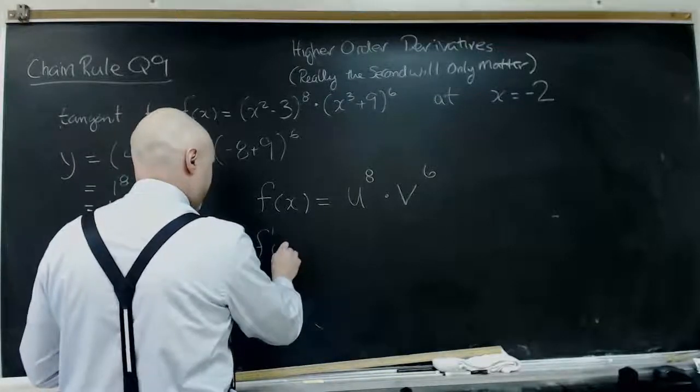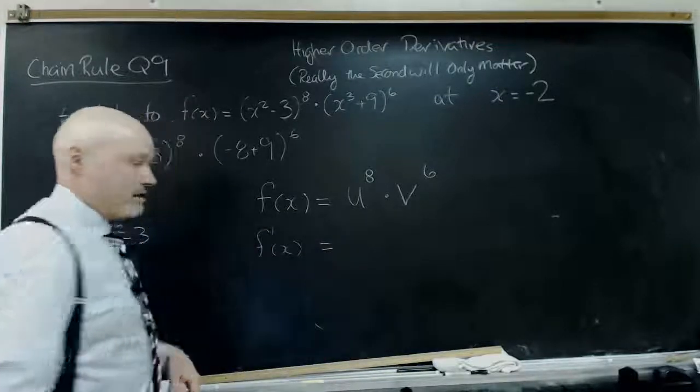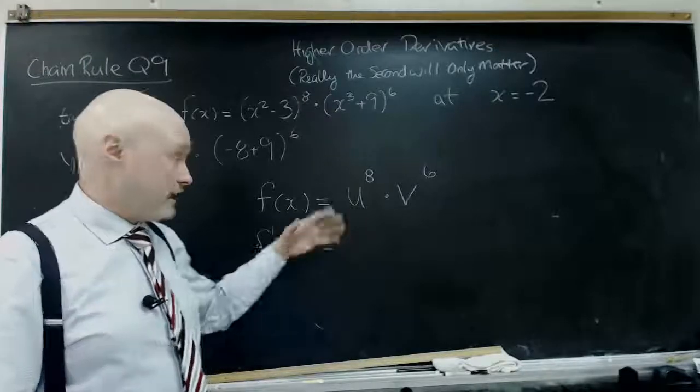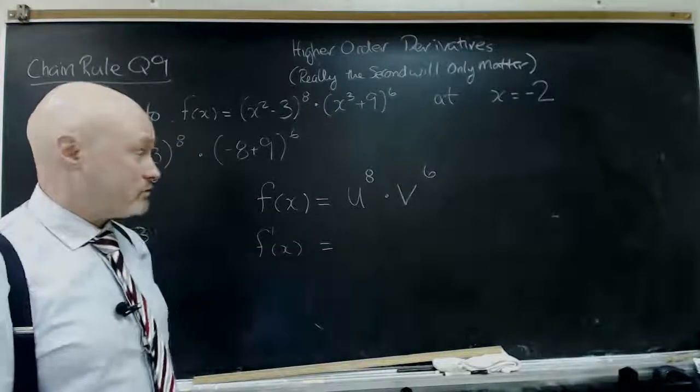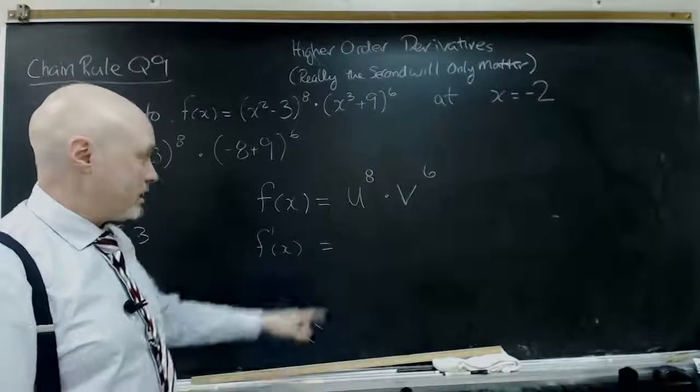So let's take the first derivative, keeping in mind that u and v are both functions of x, and when we take those derivatives, we have to do the derivative of the inside. Okay.